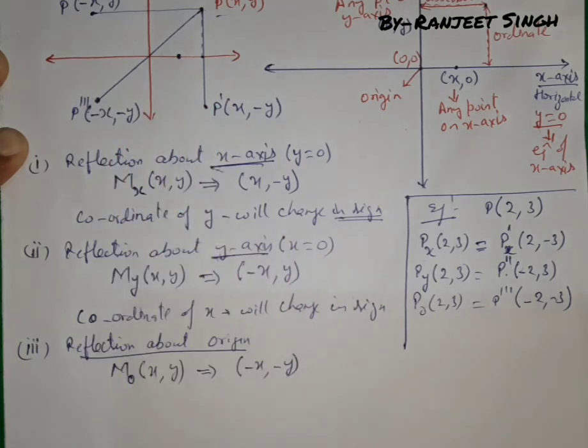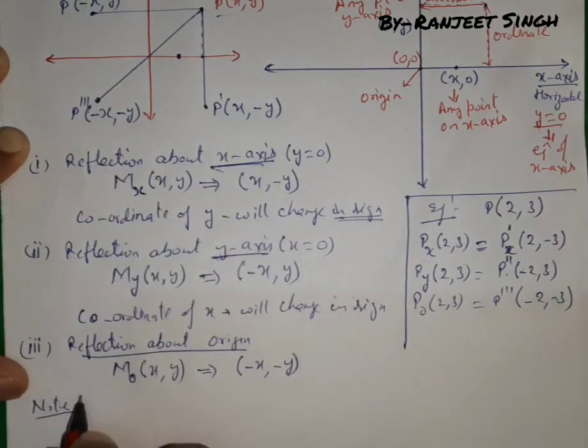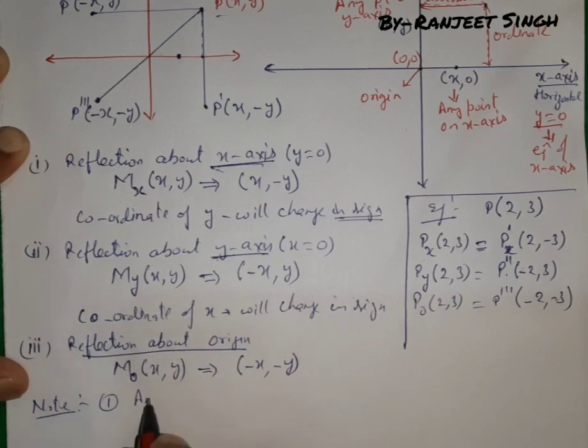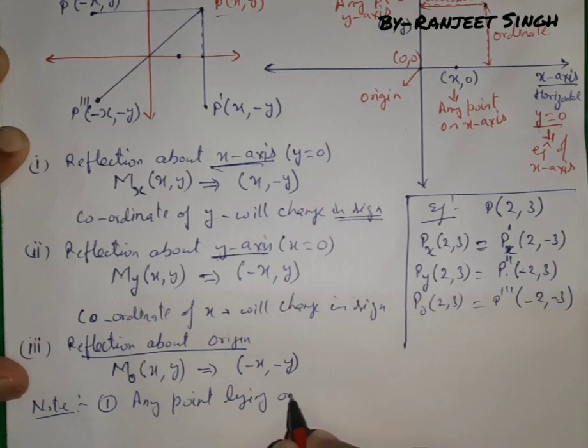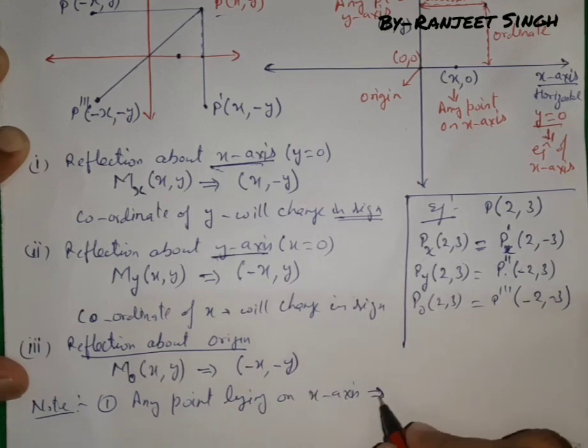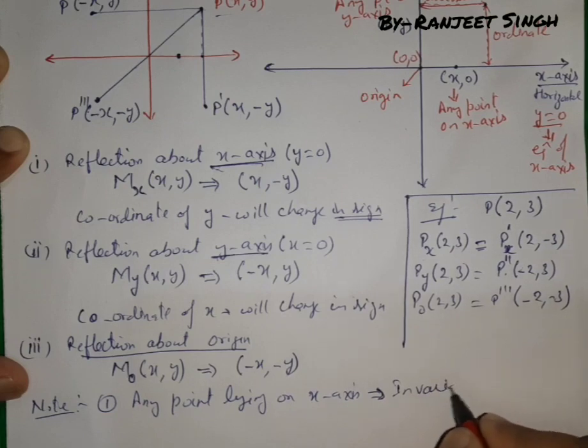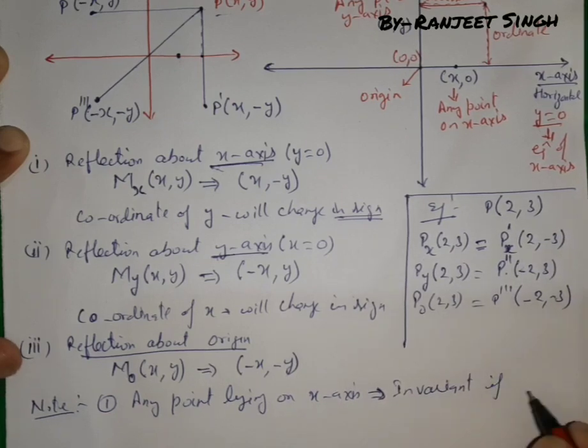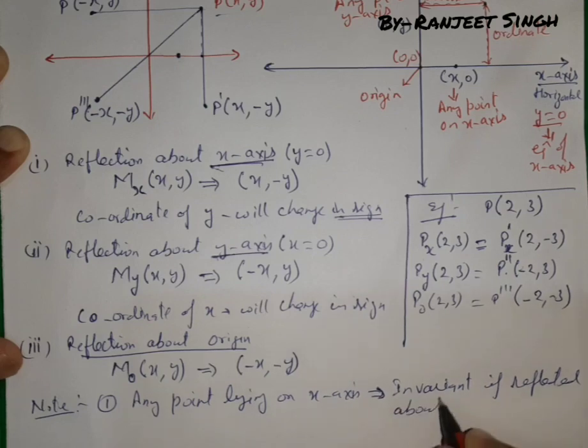So any point on x-axis, this is the next point that we have to note now. Any point lying on x-axis will remain invariant if reflected about x-axis.